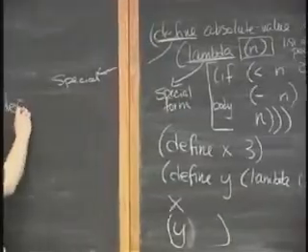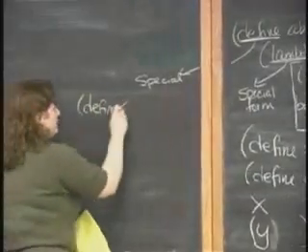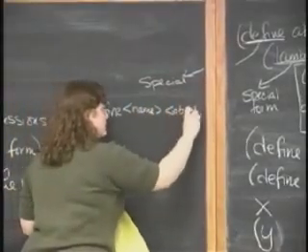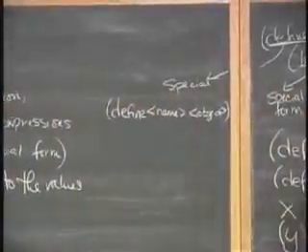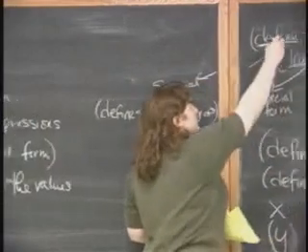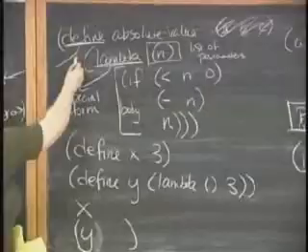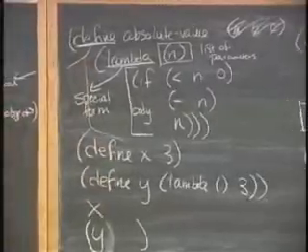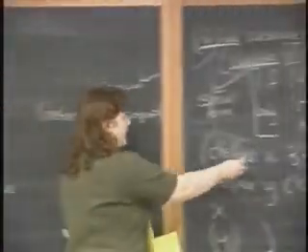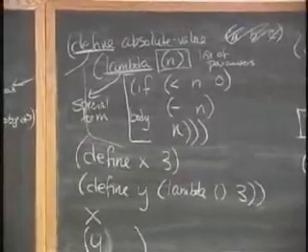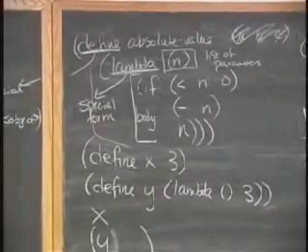The rule is: define the name and then the object. In the earlier example, we define the name absolute value to be this object, which is a procedure. In this case here, we're defining the name x to be the number 3. It's just one of our special forms, and we have special rules for evaluating those.